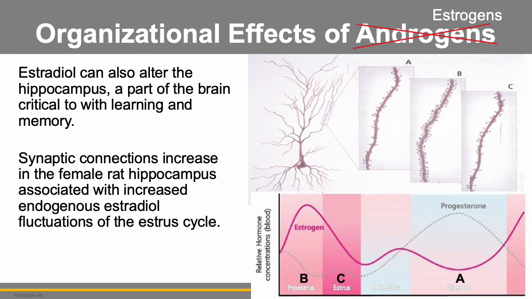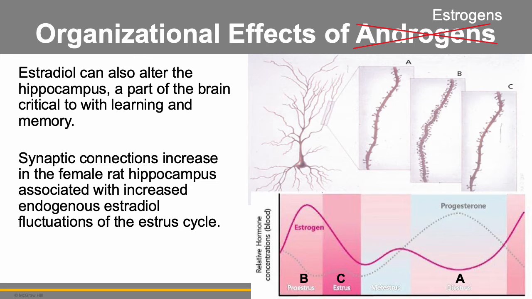These little axonal buttons or axonal terminals. So much fewer of them during A and C, which corresponds to diestrus and estrus, which are relatively low points during the natural estrus cycle in the concentrations of estradiol.